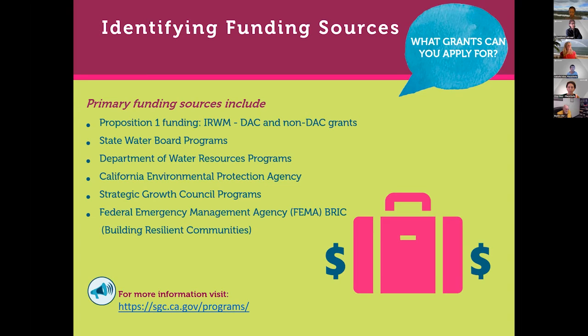So we're trying to stay on top of what's out there so that we can share that with you. And if you're on the email list for Watersheds Coalition of Ventura County, you get my messages fairly often when there's something available. I send that out to folks, so that's another source of information for you, being on the WCVC list.